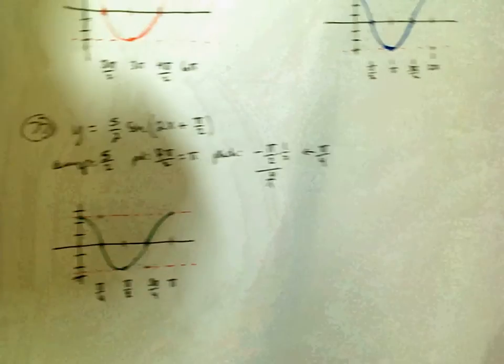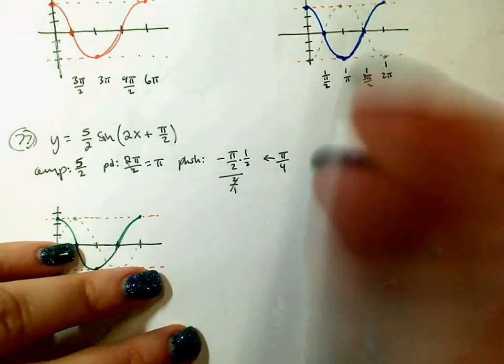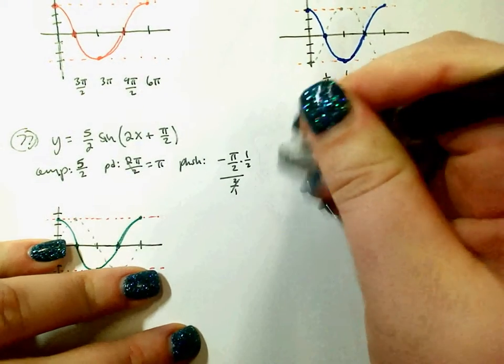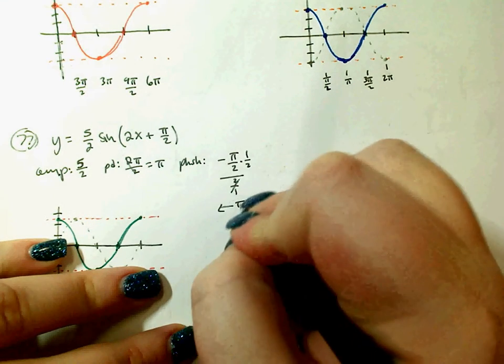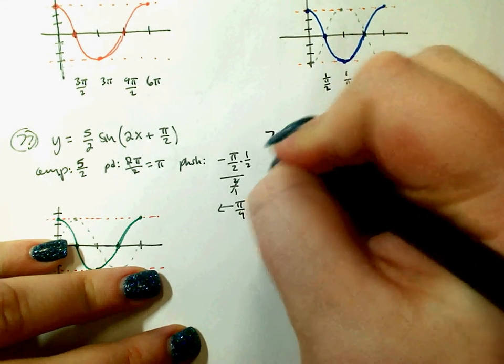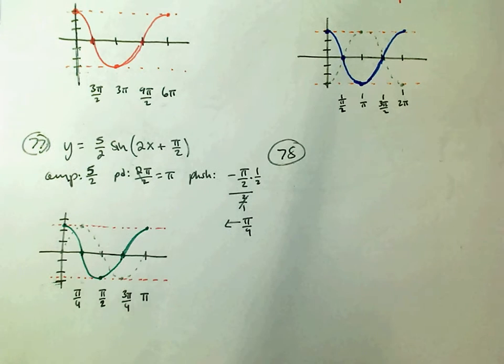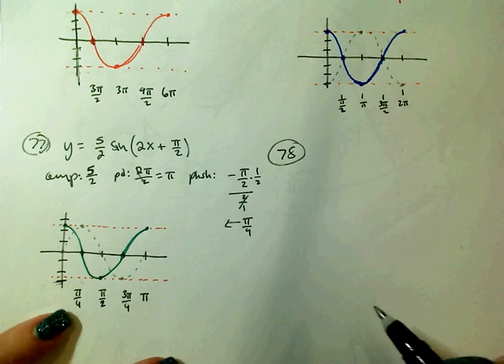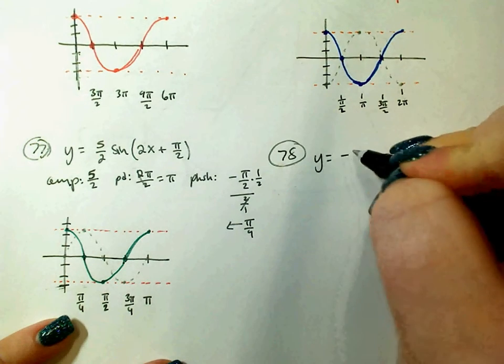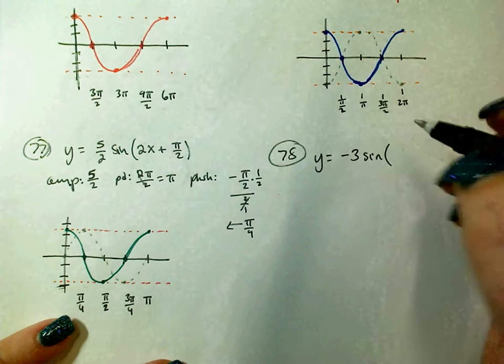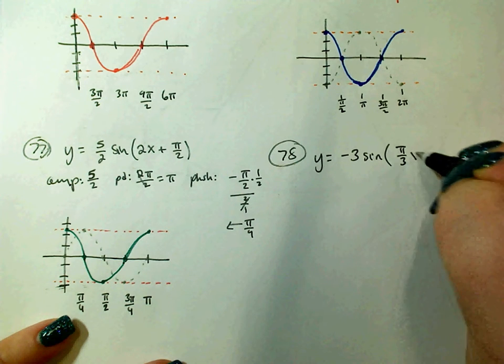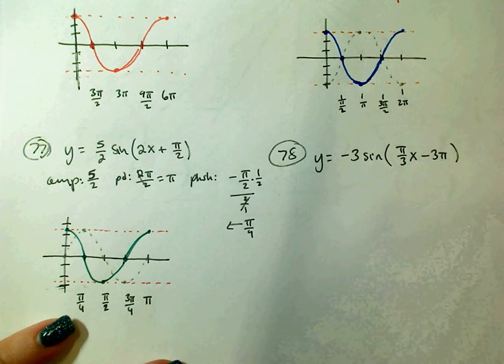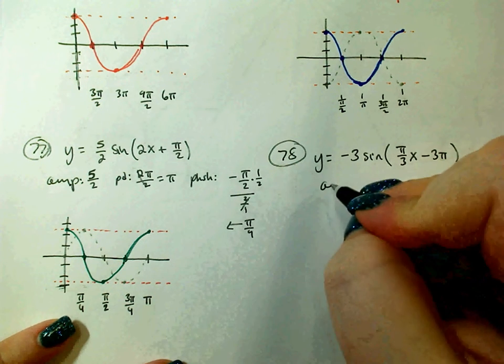Alright. 78. So 78, I'm doing that one, right? Yep. Alright. y equals -3 sine of pi over 3x minus 3 pi. Then amplitude of 3.